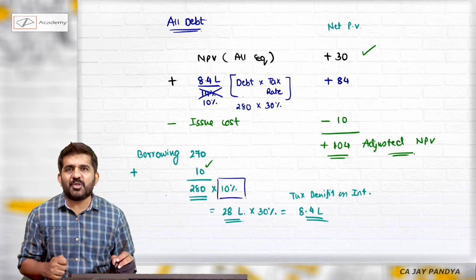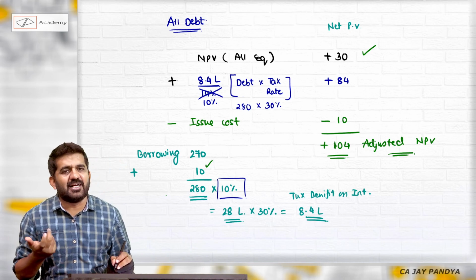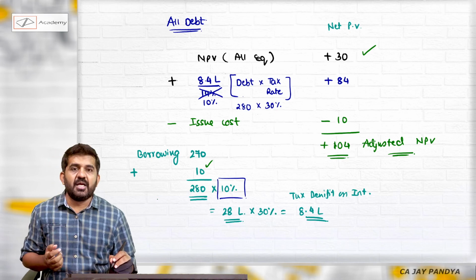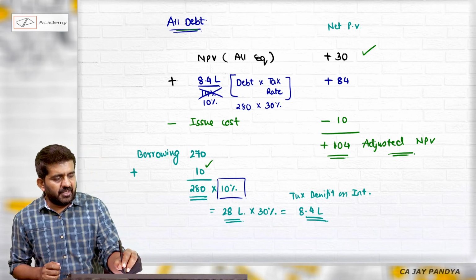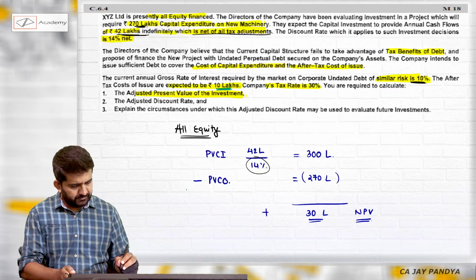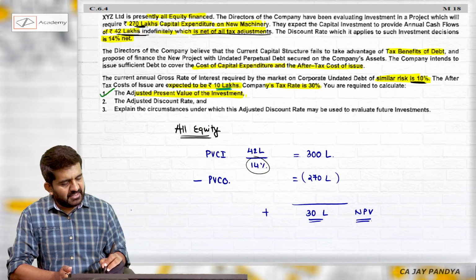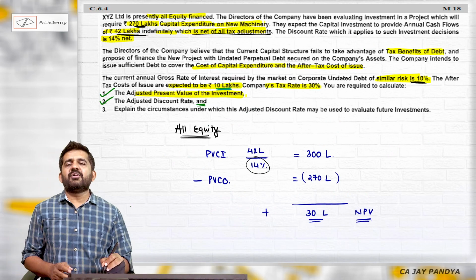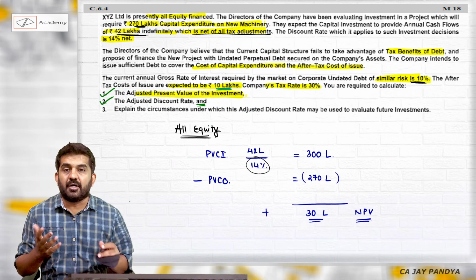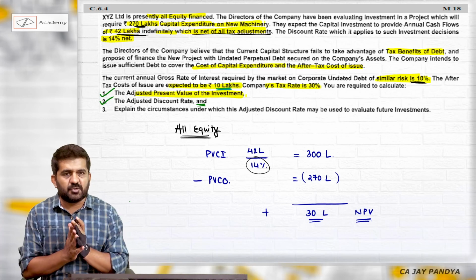Is it beneficial for the company to issue debt? The answer is yes, because debt will create a leverage benefit, and ultimately the debt portion is better for the company. The adjusted net present value, adjusted discount rate. Now understand, in the suggested answers there are different ways by which the answer is found out.